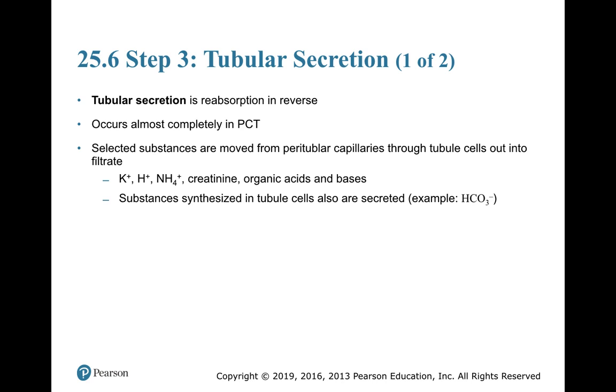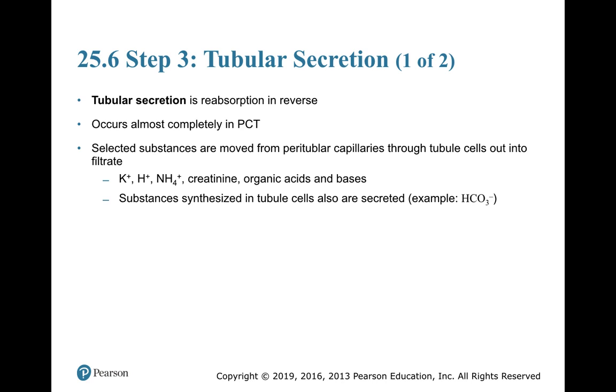And that brings us to secretion. Tubular secretion is really reabsorption in reverse. Almost all of it occurs in the proximal convoluted tubules. The selected substances would be moved from the peritubular capillaries through the tubular cells into the filtrate.